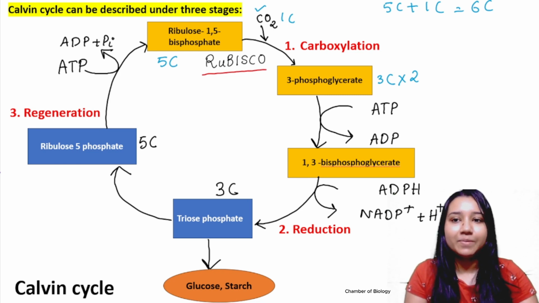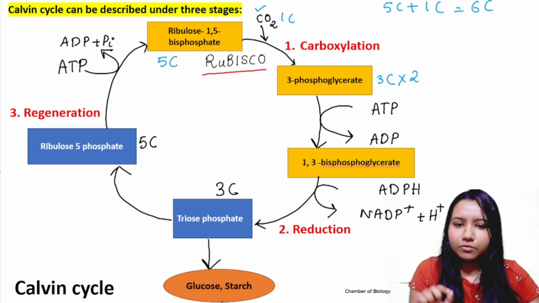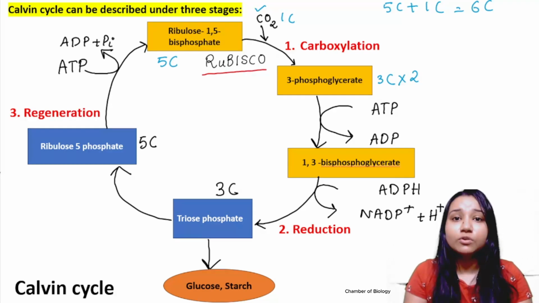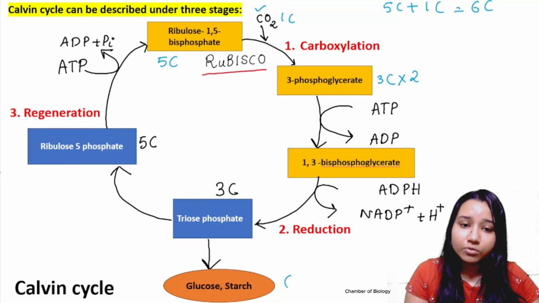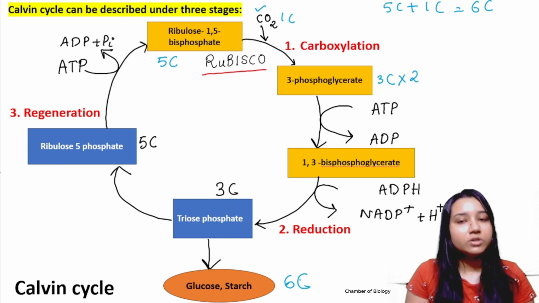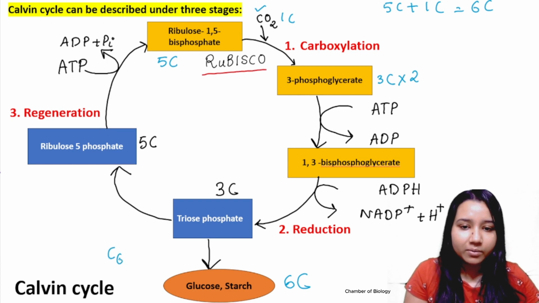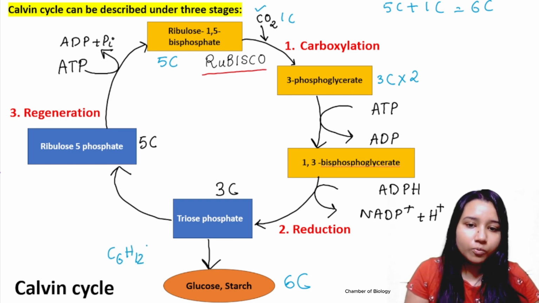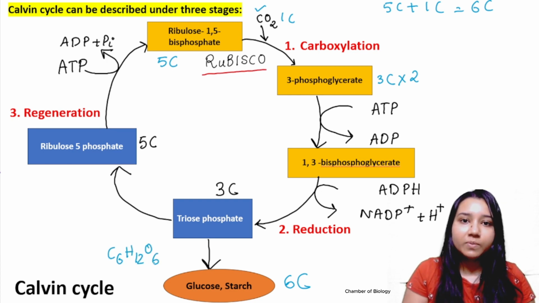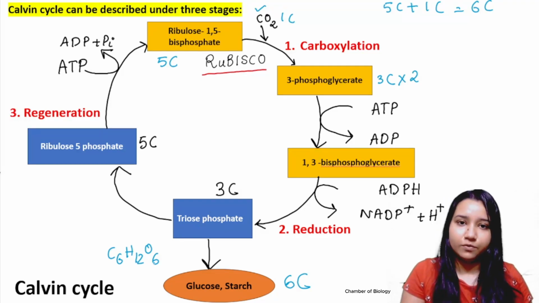But students, remember that for the starch formation or for the glucose formation, 6 carbon is required, right? Because glucose is C6H12O6. We know about it. That means how many carbon dioxide will be fixed? 6 carbon dioxide will be fixed. Okay.